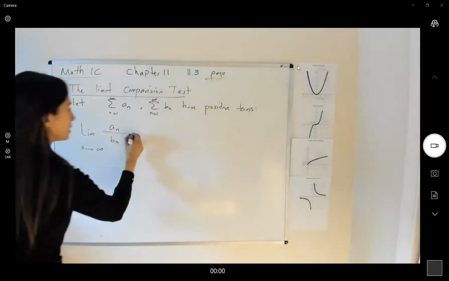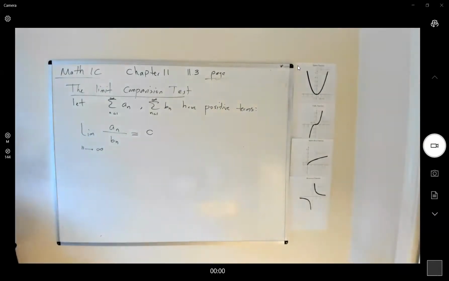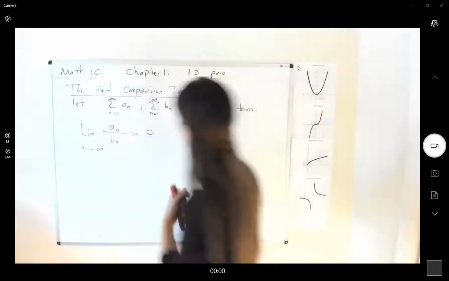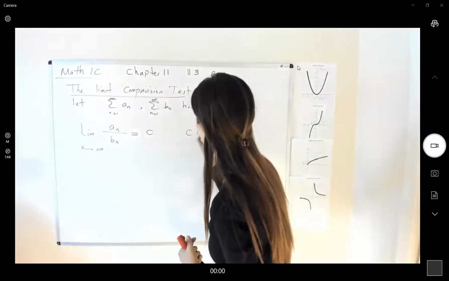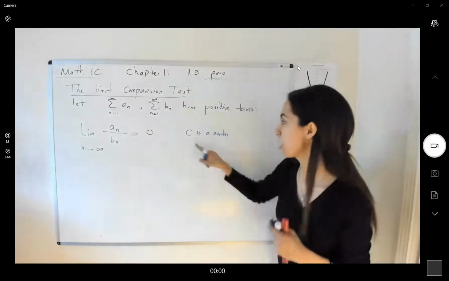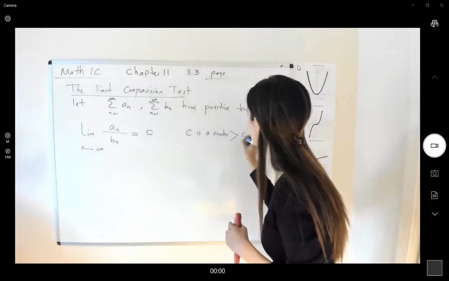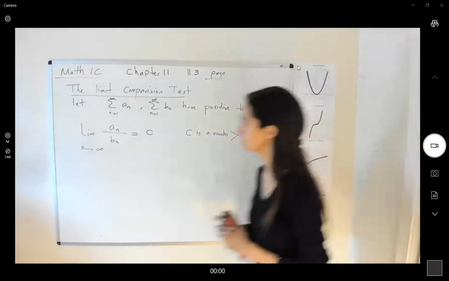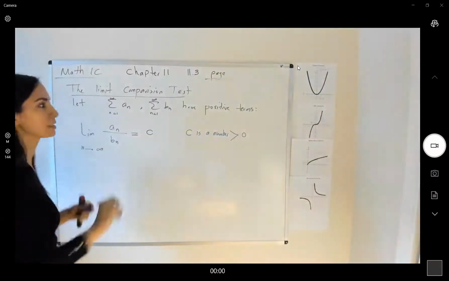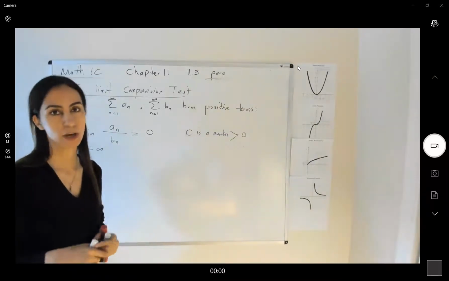If this limit is equal to a constant c, and c is a number greater than 0, guys, I'm not talking about infinity. I'm talking about c to be a number and be a positive number. Then both of these series are convergent or both of them are divergent.